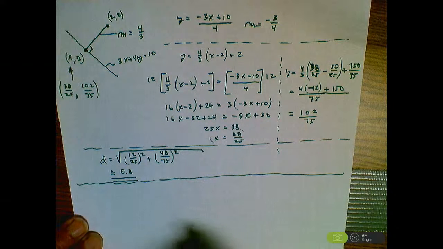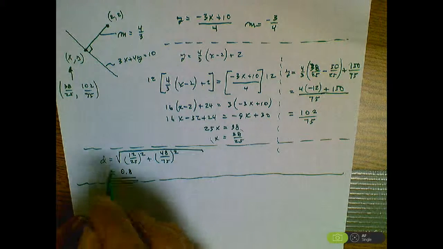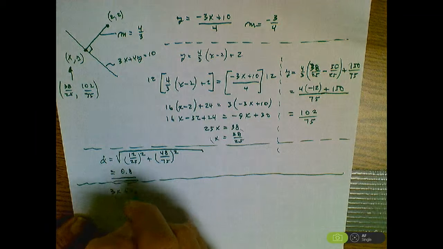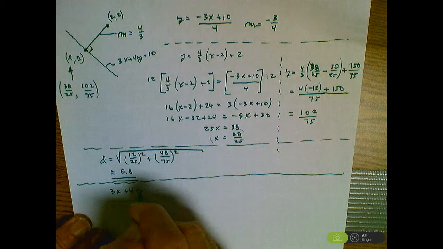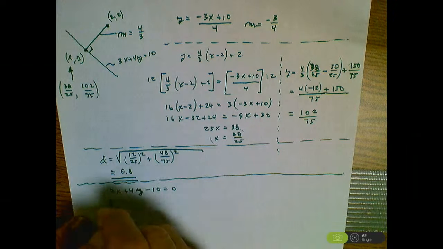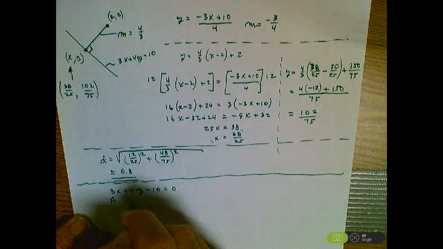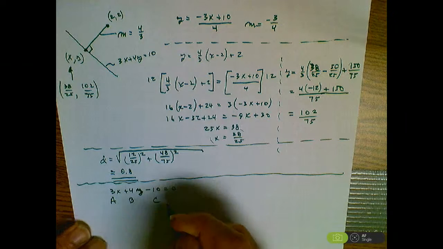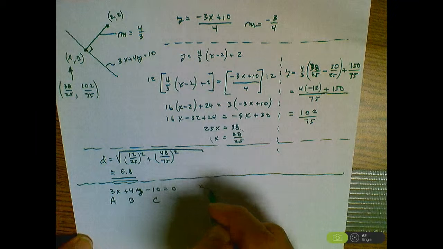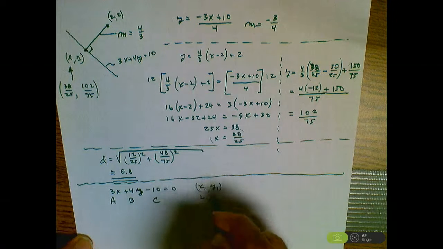If we check it against our formula, we have our equation, 3x plus 4y, and we have to put it into the ABC form as shown. So I'm going to put minus 10 is equal to 0. This is my A, this is my B, and this is my C. I'm going to identify that x sub 1 and y sub 1 is the point 2, 2.